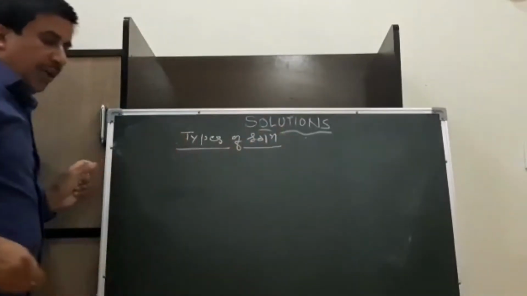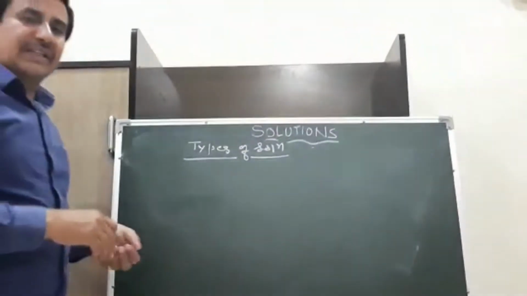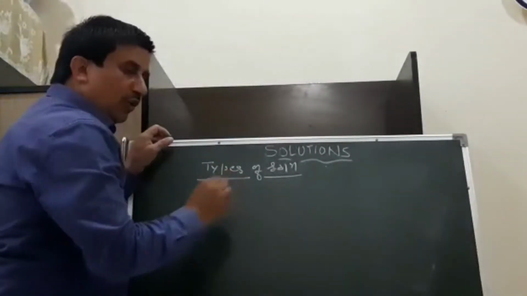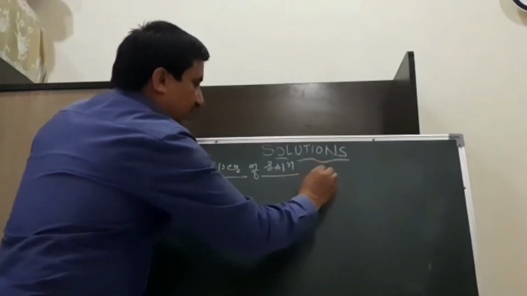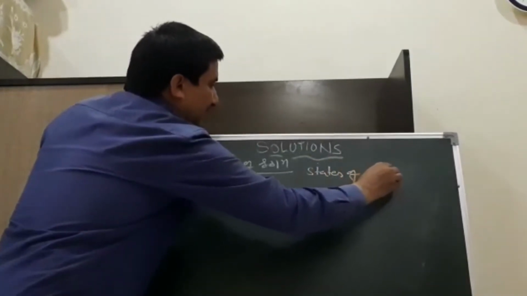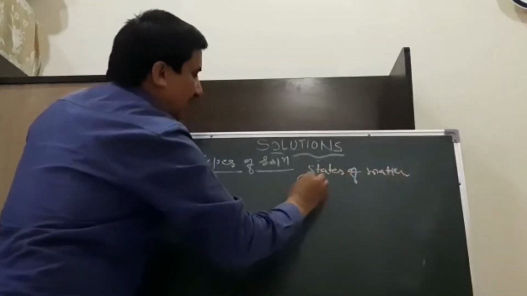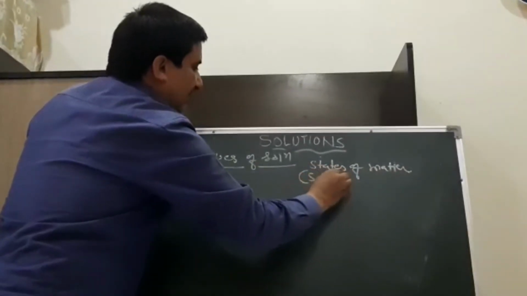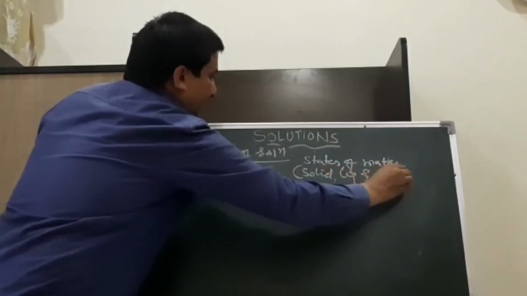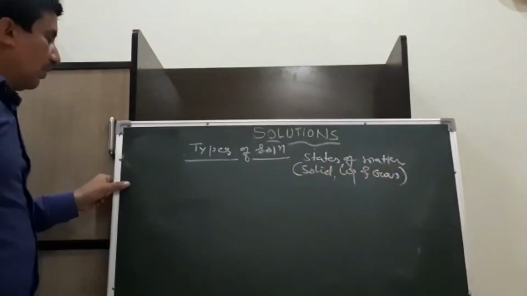Depending upon the state of matter, the solutions can be of 9 types. You all know the states of matter are solid, liquid, and gas. These are the three states of matter.